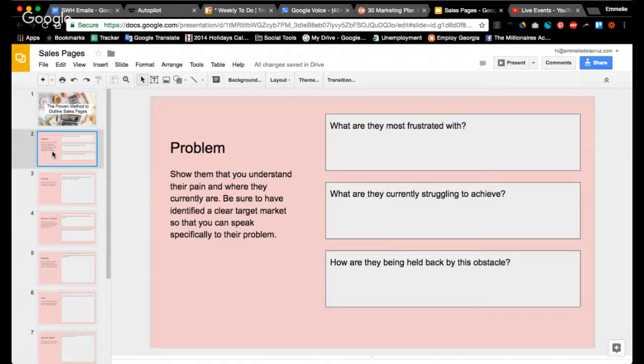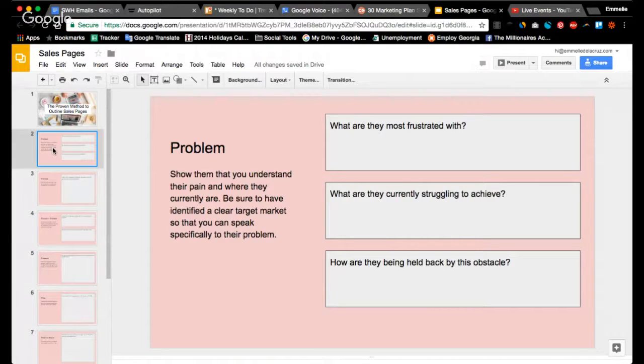You're struggling to achieve consistency because you haven't been able to post on your blog more than once or twice in a month. And it's holding you back because you're not able to work with brands and you're not able to increase your traffic because you aren't churning out content as consistently as you need to be.